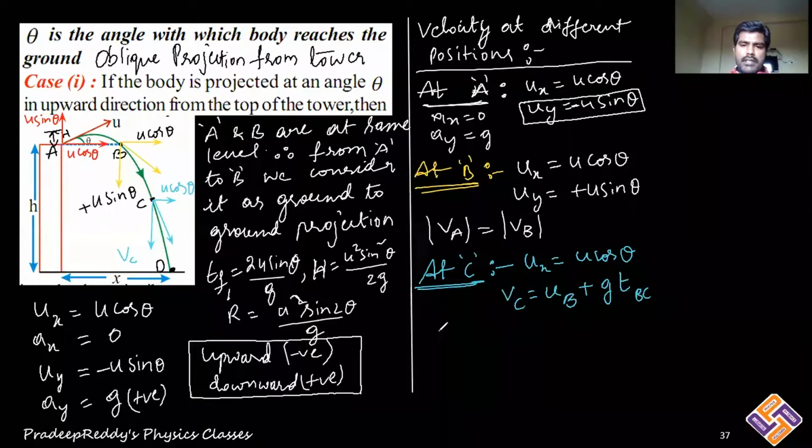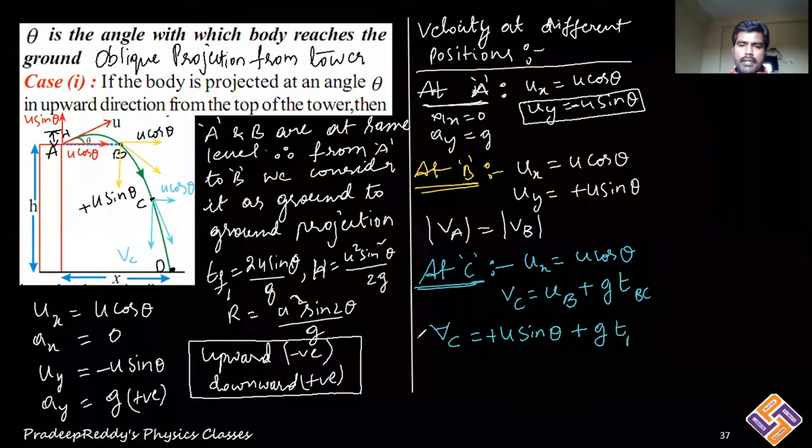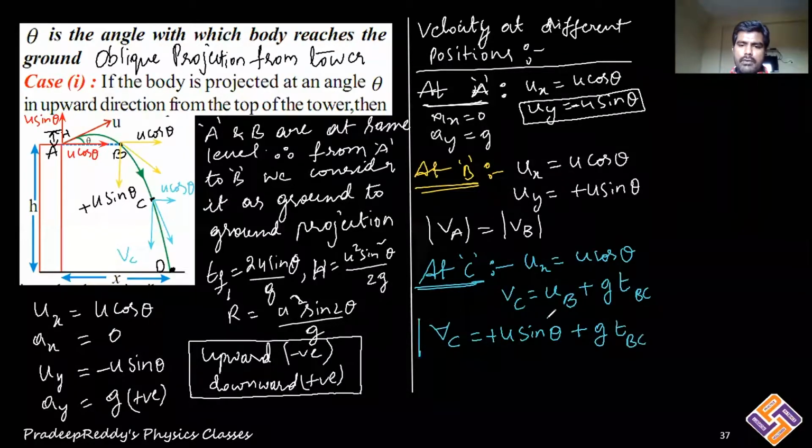So Vc is equal to, what is velocity at B? Velocity at B is u sin theta. As it is downward, I can take it plus, acceleration due to gravity is g, and time taken is from B to C. This is not equal to 0. That is velocity at C.